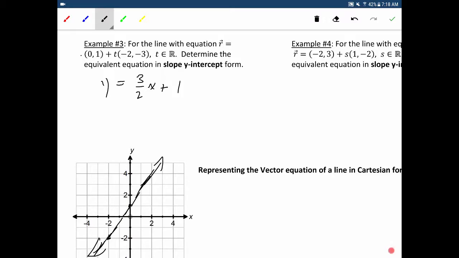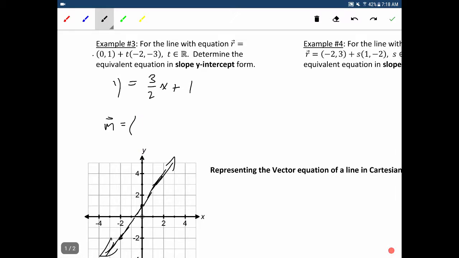But you can think about this the same way we did before. We had the m vector here, the slope vector in this case, which is the same thing as the direction vector, as being negative 2, negative 3.